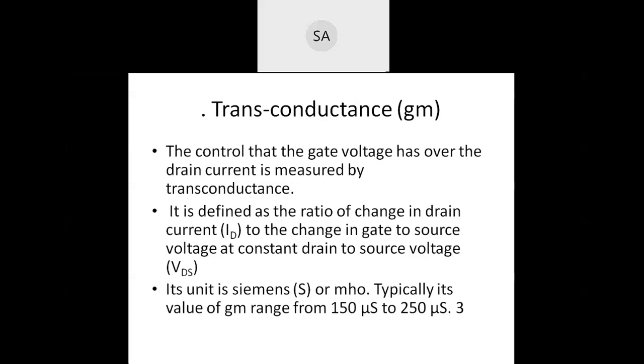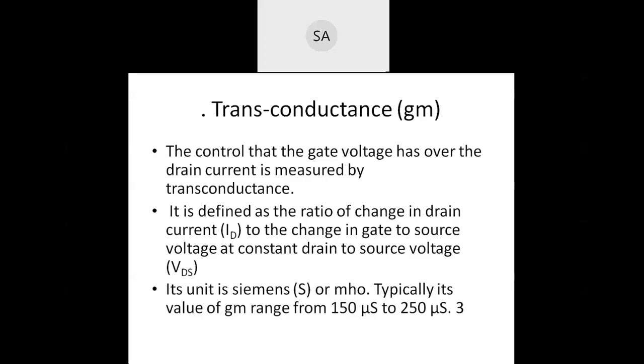That indicates the transfer characteristics, ID versus VGS keeping VDS constant, which we have discussed in the transfer characteristics. It indicates the transconductance. In the name itself, since we are taking it from the transfer characteristics, we define the transconductance.